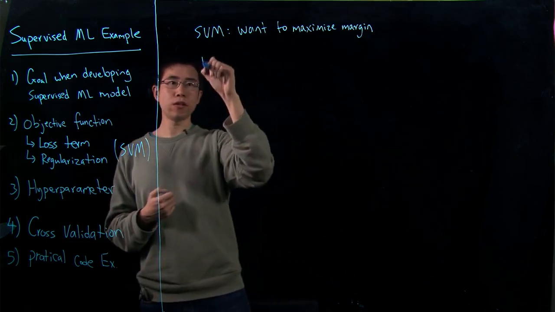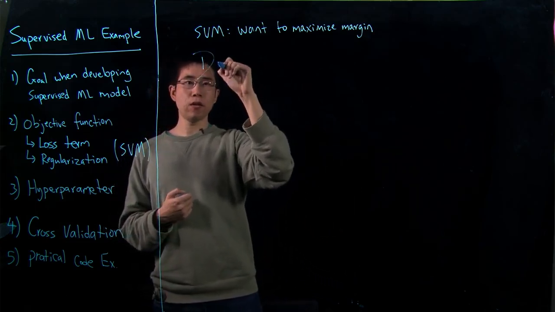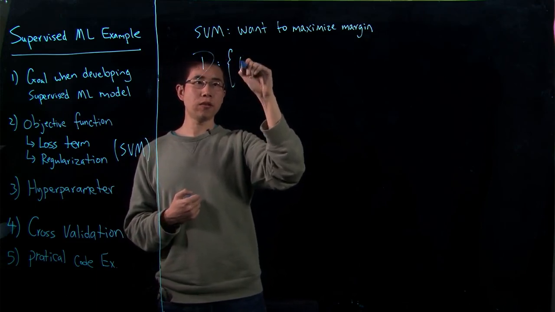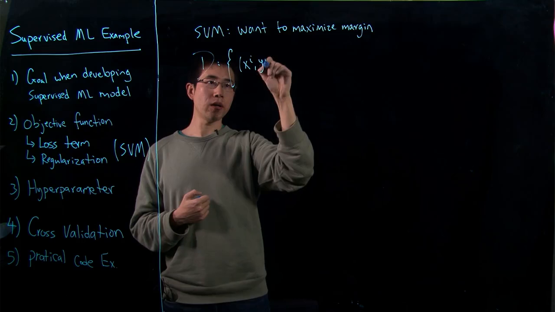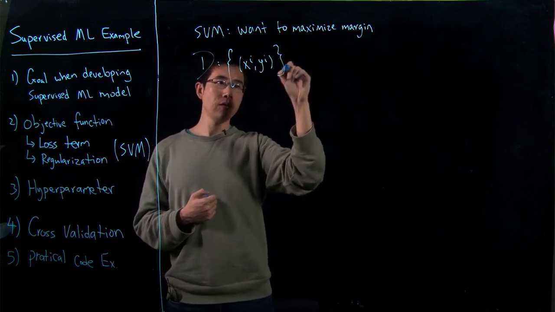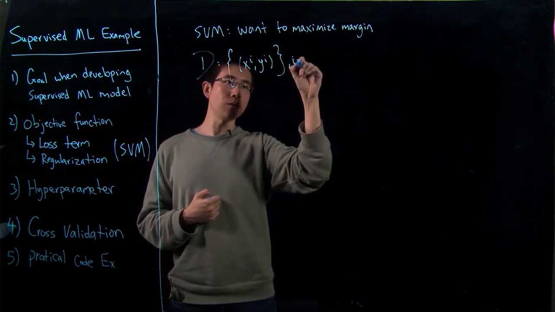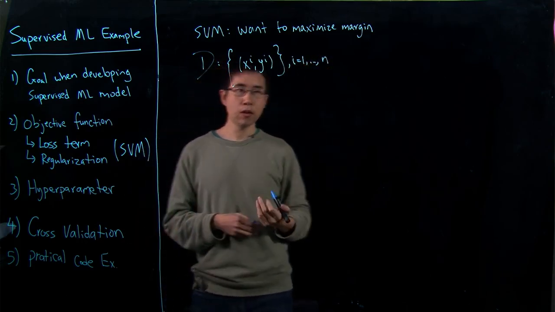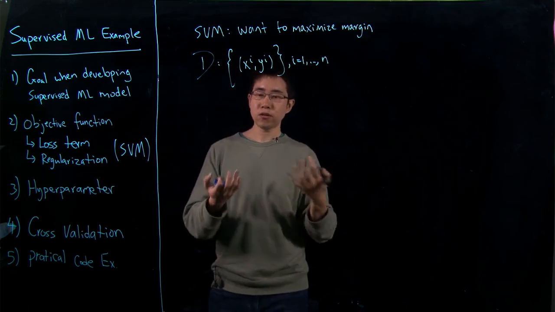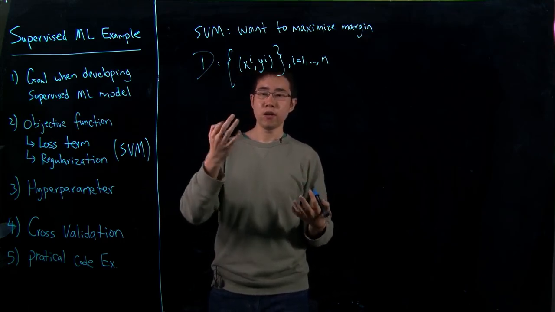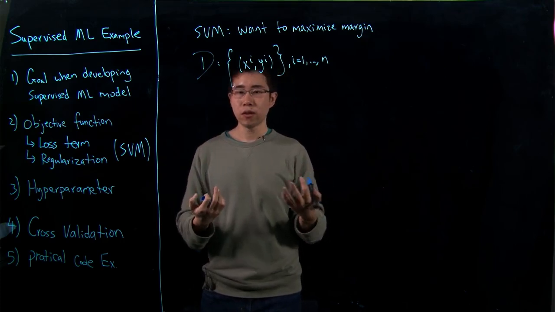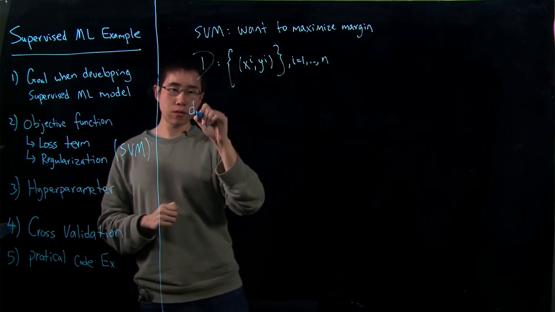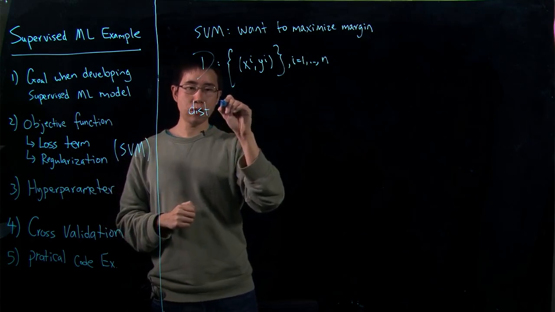The margin is defined in this way. Consider a data set D that has data points xi and yi for i equals 1 to n, so n data points. Let's calculate the distance from point i to the decision boundary.